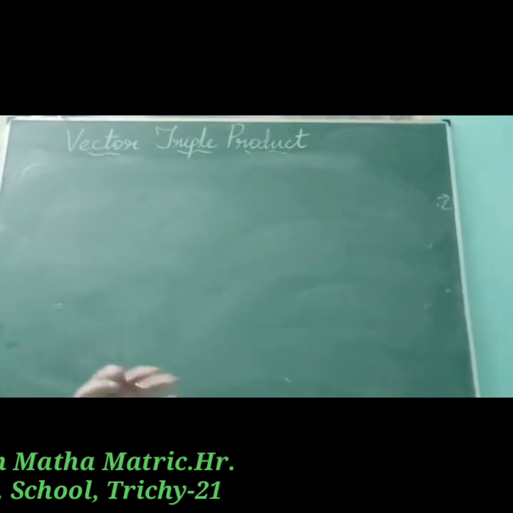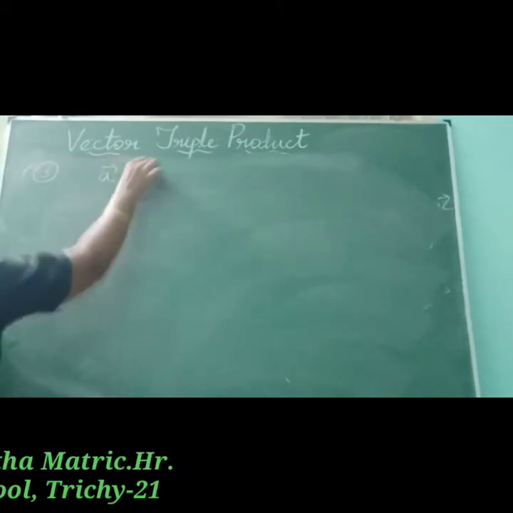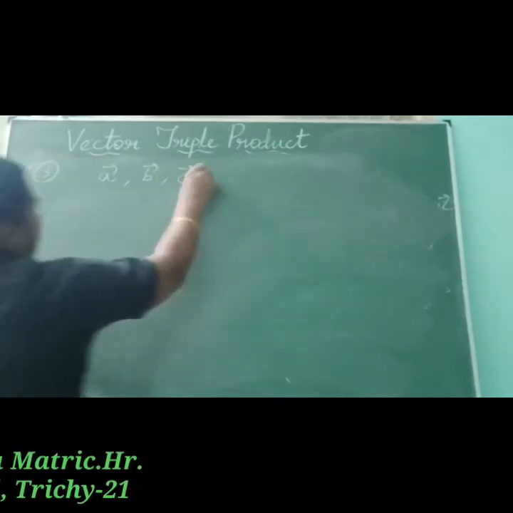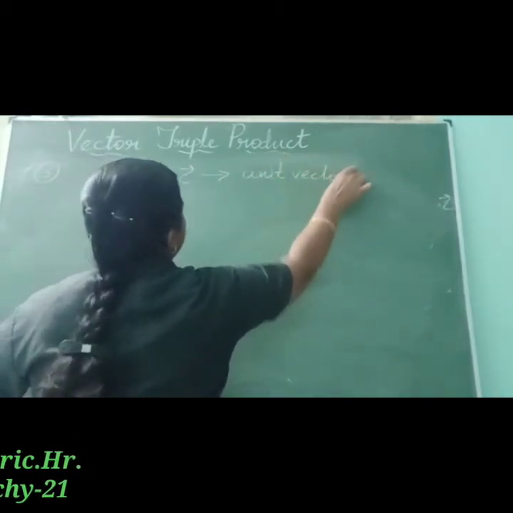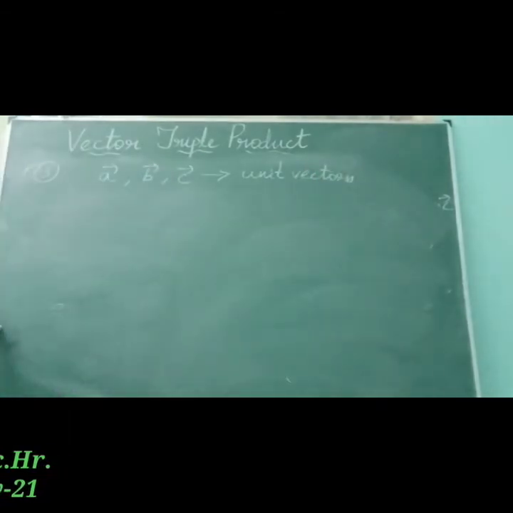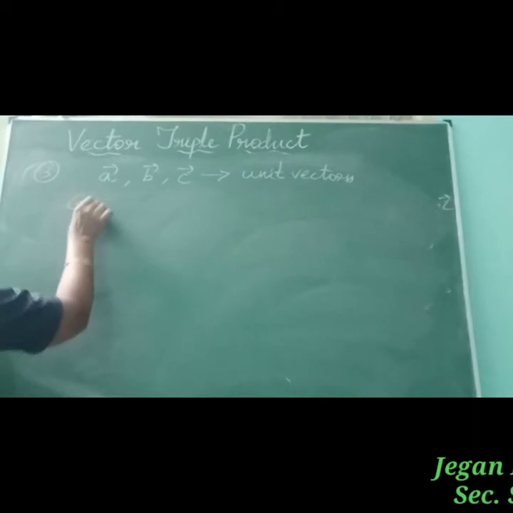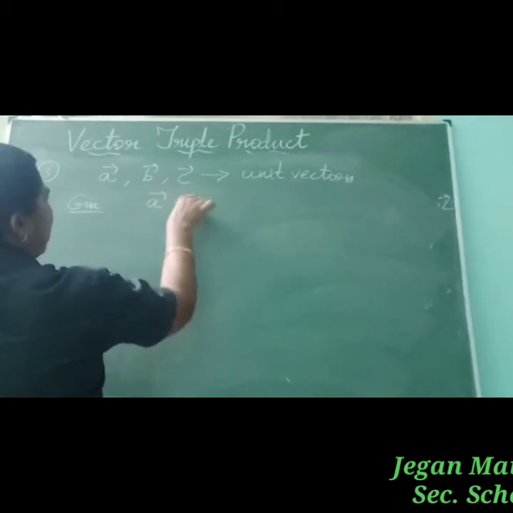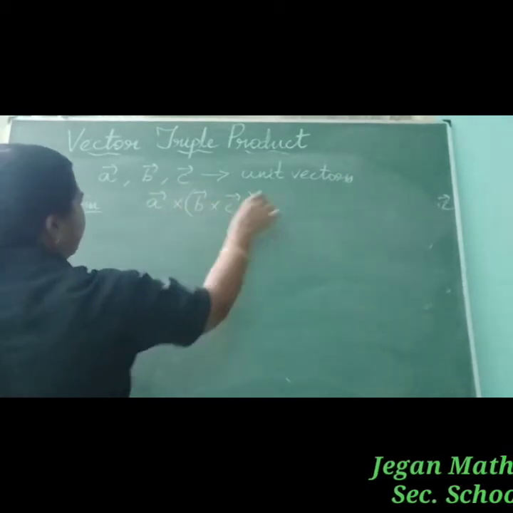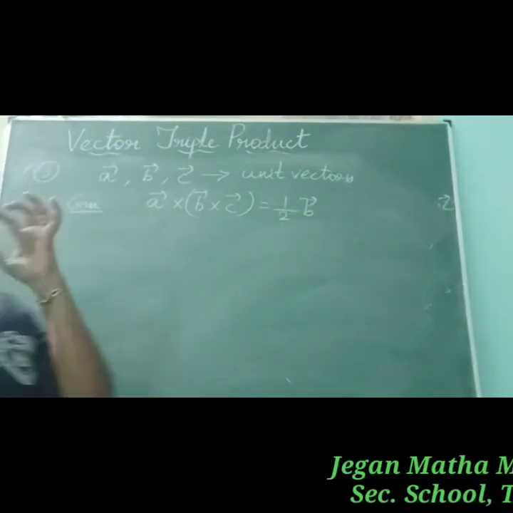Here the question is: A, B, C are three unit vectors.